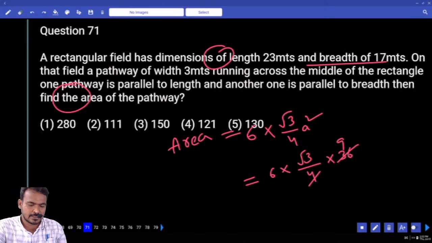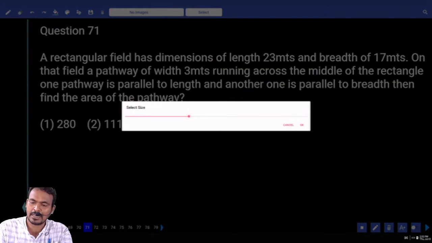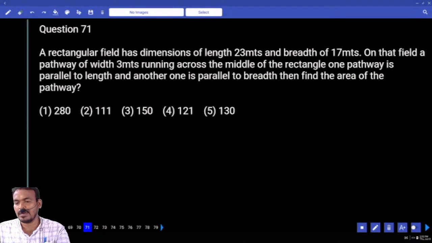Next question number 71. A rectangular field has dimensions of length 23 meters and breadth 17 meters. On that field, a path of width 3 meters runs across the middle of the rectangle. One pathway is parallel to the length. Another one is parallel to the breadth. Find the area of the pathway.